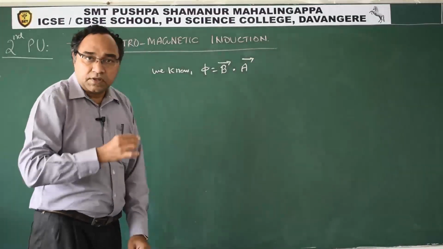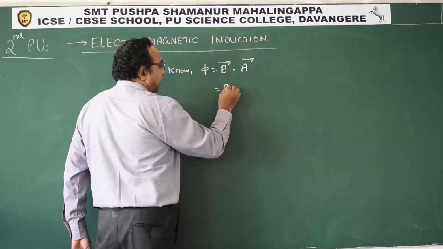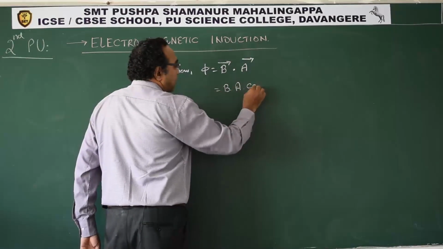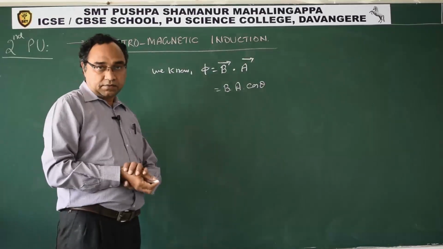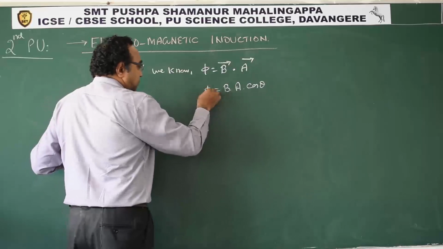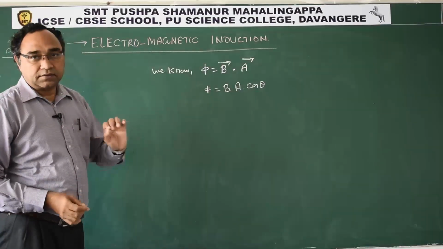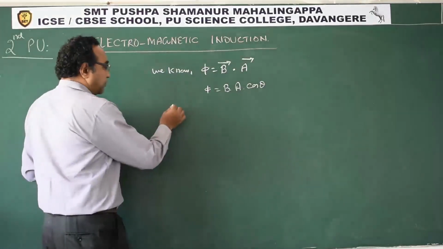We have also solved a lot of numericals which were based on this. This can also be expressed as B A cos of angle between the normal vector to the plane and magnetic field lines.